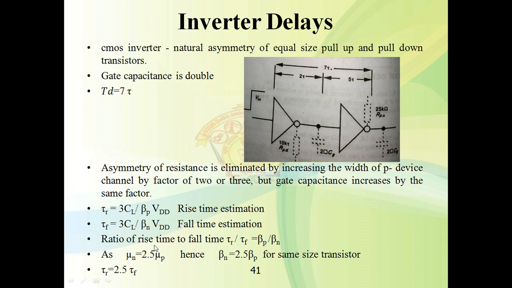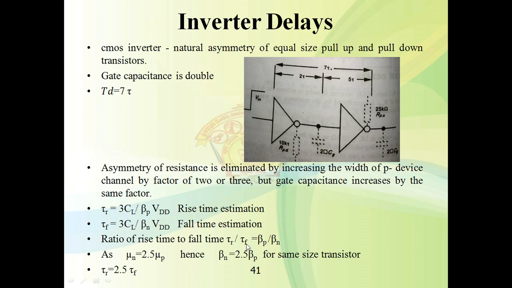Now if we take the ratio of rise time to fall time, tau r divided by tau f, the remaining terms cancel and it will be Bp by Bn.